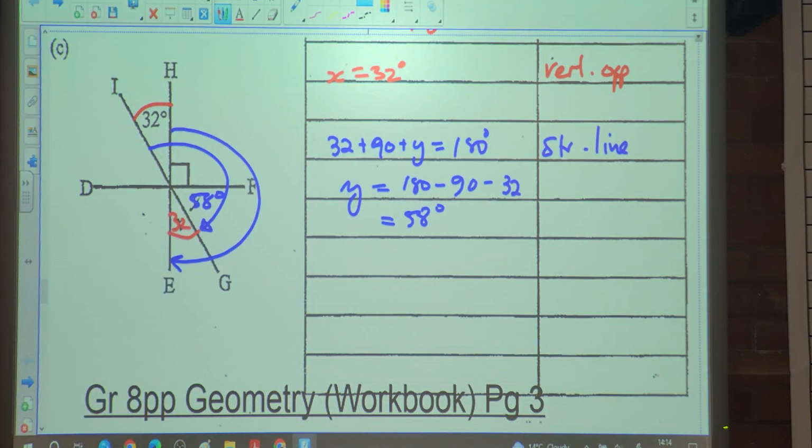Okay. So any questions? Ask. Go for it. Don't be so shy. Is it okay if for x I said my reason was adjacent complementary?